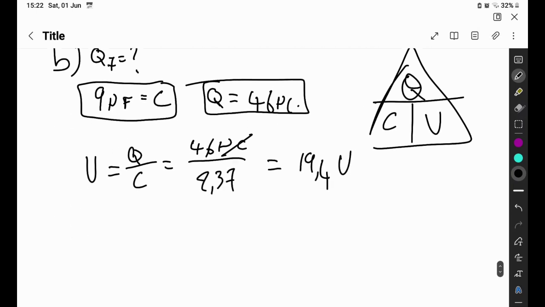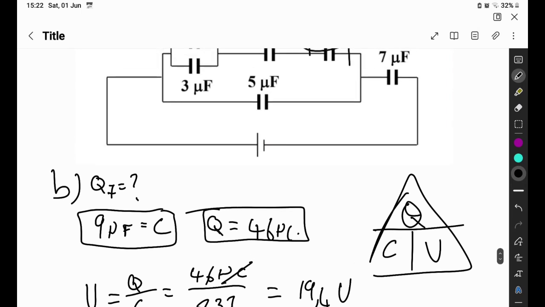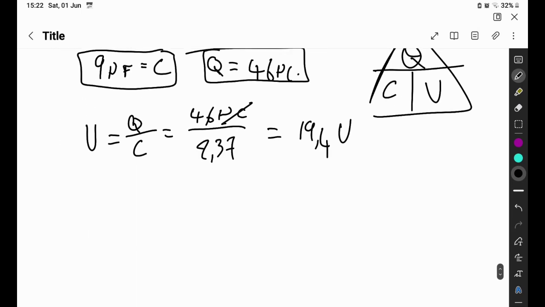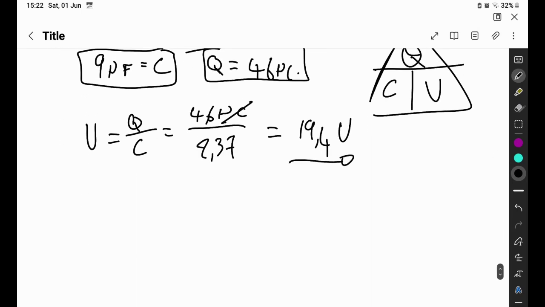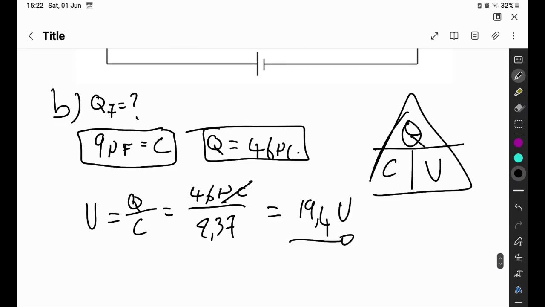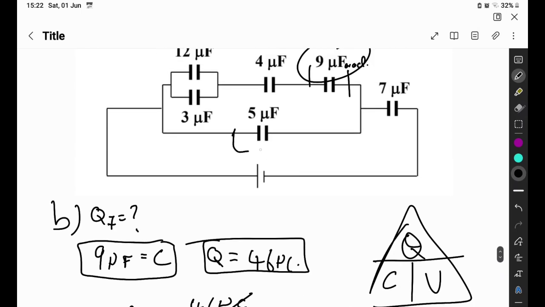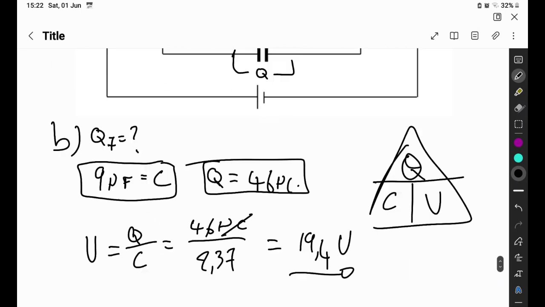So after doing the voltage for the top one, we need to find the charge at the bottom one. So we need to find a charge here.